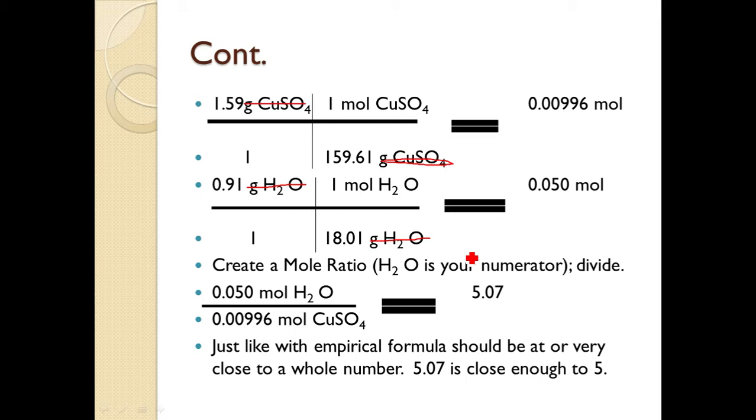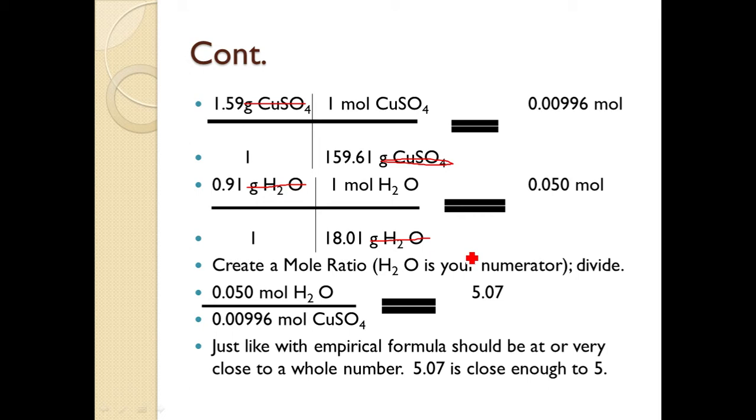When you took your lowest amount of moles and made it your denominator when finding the empirical formula, you sometimes got numbers like 5.07, something that could be rounded to the nearest whole number. You're going to do the same thing here to find the formula of the hydrate. 5.07 is close enough to 5 that we can round it back down so that you have a near whole number.